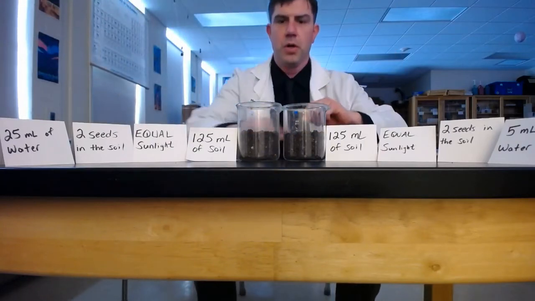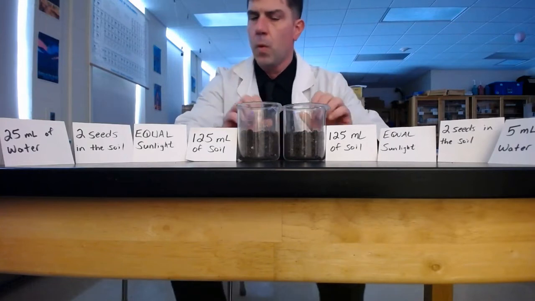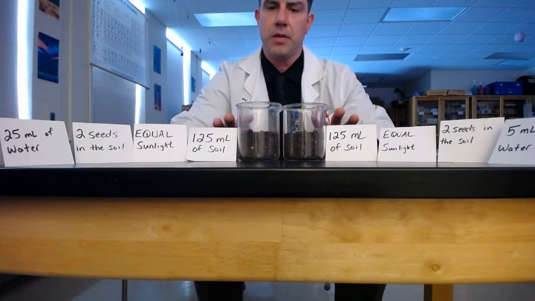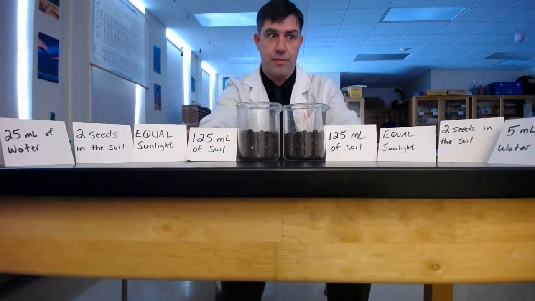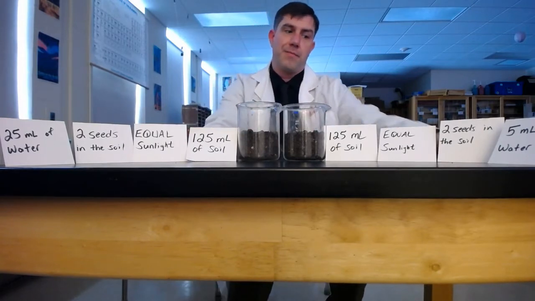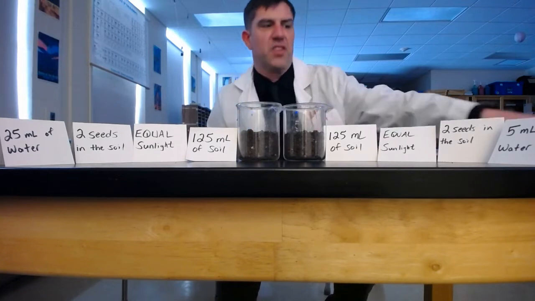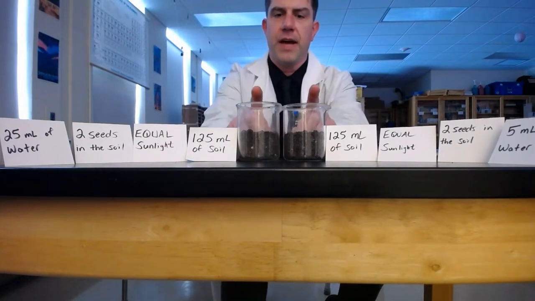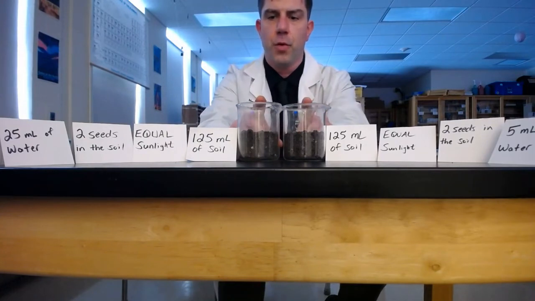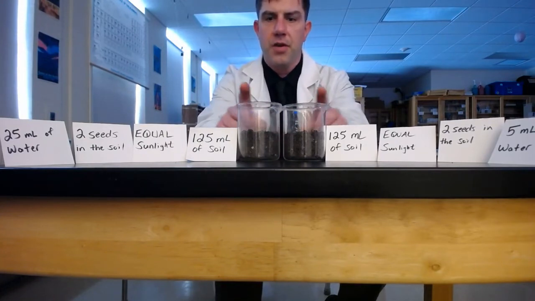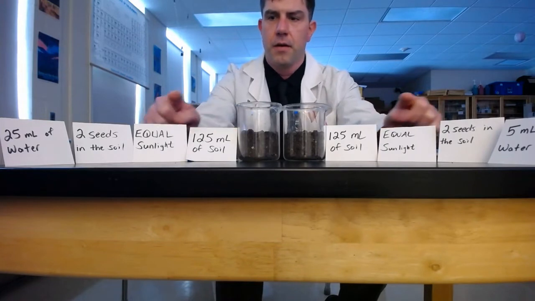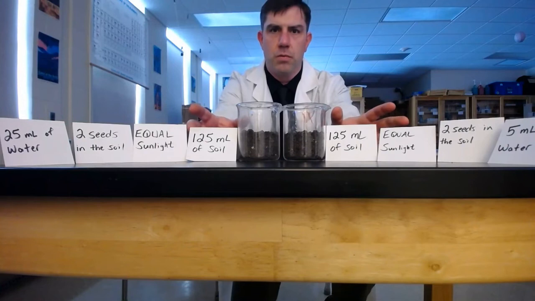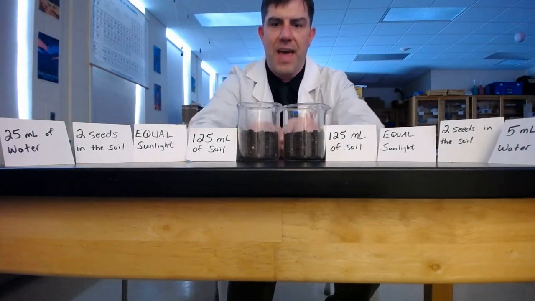Class number 2. So what I want to talk about now is what I like to call the fundamentals of doing an experiment per se. If you'll notice, we've got 2 containers of soil, and as you can read, I'm telling you what each of these has.